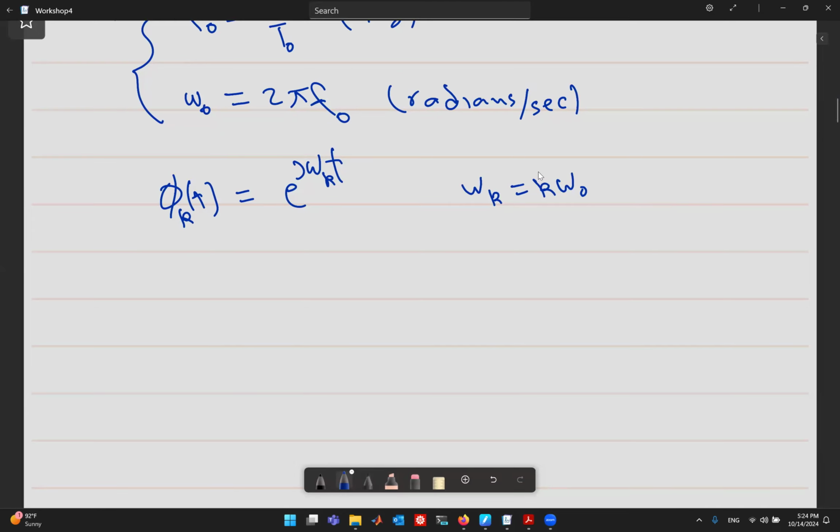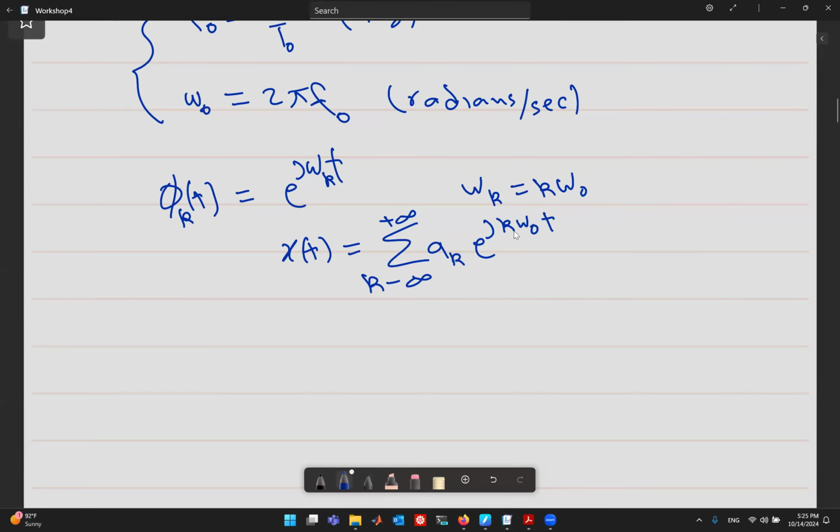Those frequencies are just multiples of the fundamental frequency, and that's why those functions are called harmonics of the fundamental frequency. So we say we are writing x(t) in terms of its harmonics: summation from minus infinity to plus infinity of a k exponential j k omega 0 t.